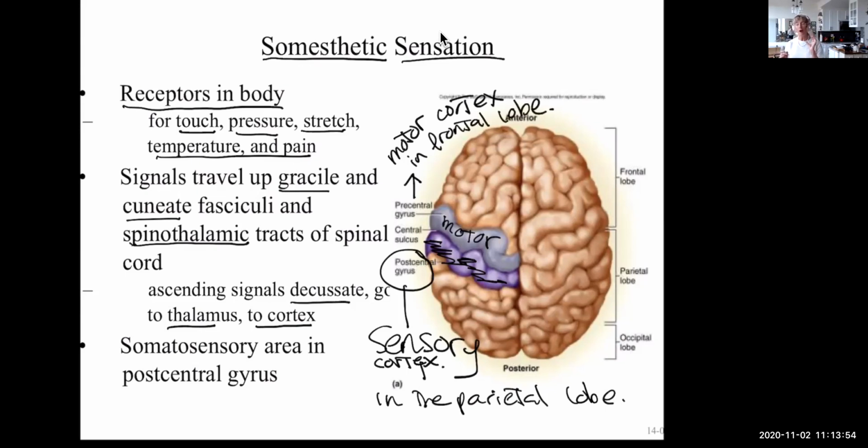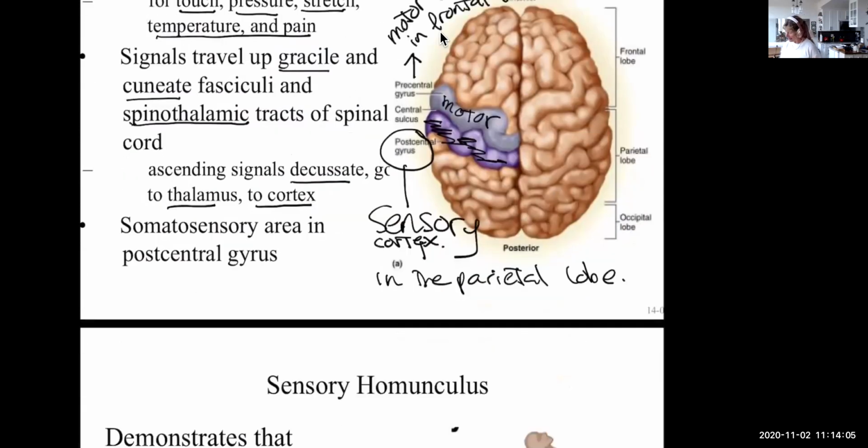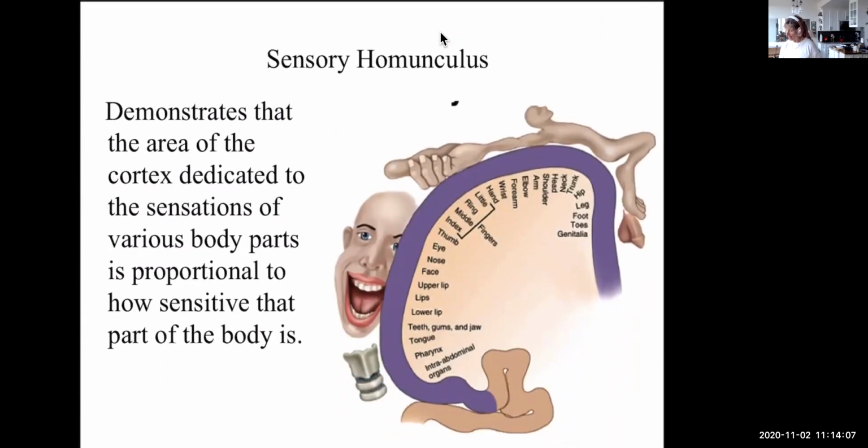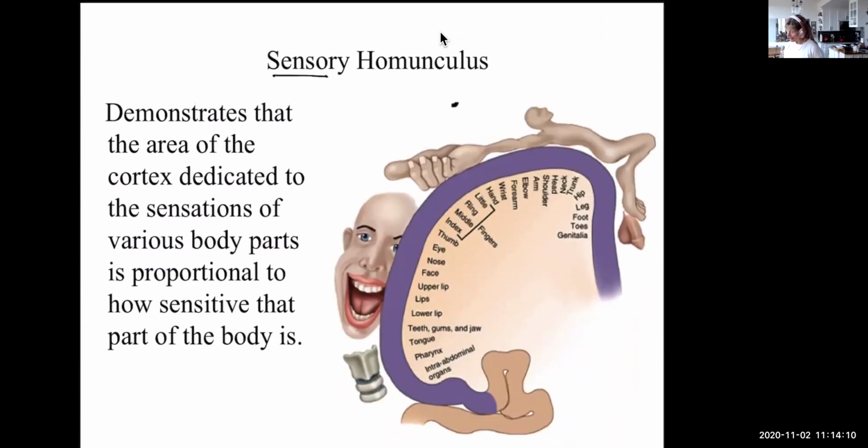And so the parts of this cortex that are devoted to different parts of the body vary. Where there are more receptors, you would expect to find more of the cortex devoted. We can show that with a diagram known as a sensory homunculus, which is a human form. It demonstrates the area of the cortex dedicated to sensations of various parts of the body, which are proportional to how sensitive those parts are.